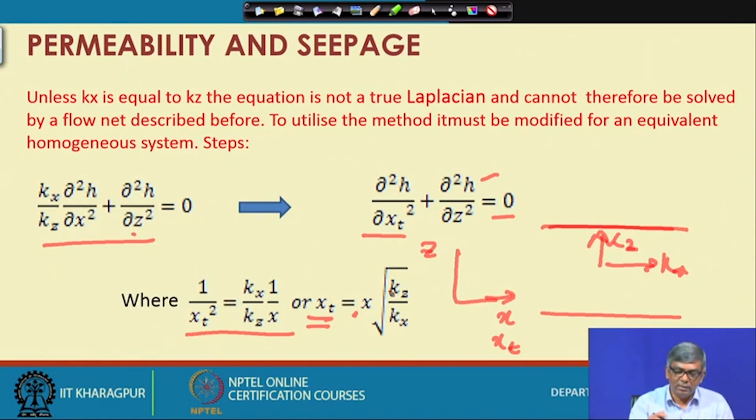How to do that? Using the corresponding values of permeability in the two directions, I can convert. Once I convert, the system becomes homogeneous in terms of x t and z, and then I can draw that modified or transformed section.